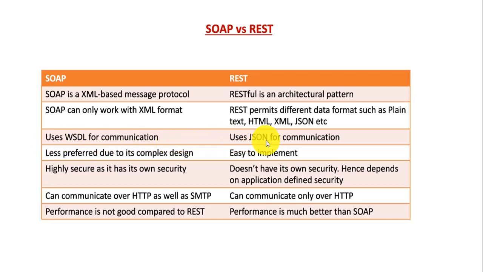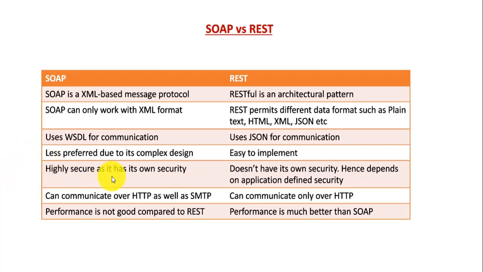Whereas REST uses the JSON format for communication. And SOAP is less preferred due to its complex design. Since XML is not easily readable, it is less preferred, and also there are certain constraints with SOAP. Whereas REST is easy to implement.